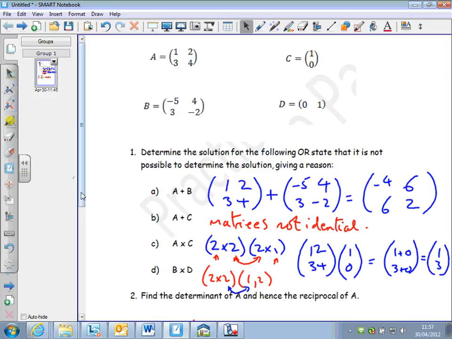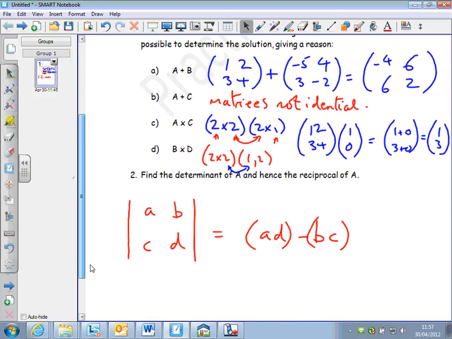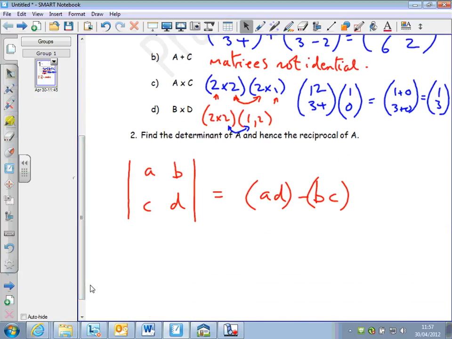Question 2, find the determinant of A and hence the reciprocal of A. Well, the way of finding the determinant of A is outlined below.